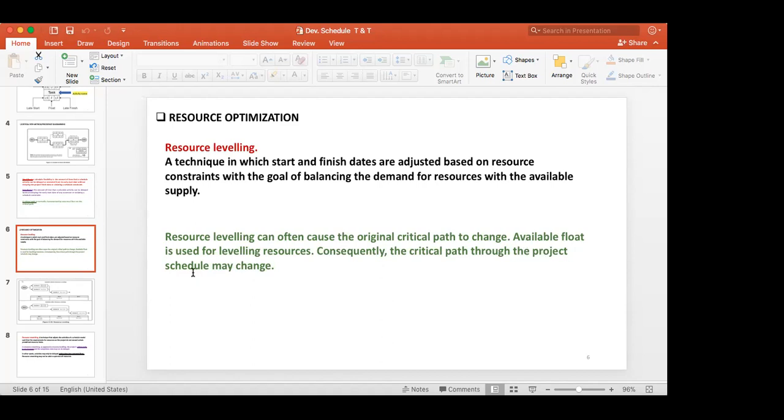Available float is used for leveling resources. So if you have float, you can adjust that. If there's no float, the critical path will change. Currently, the critical path through the project schedule may change.